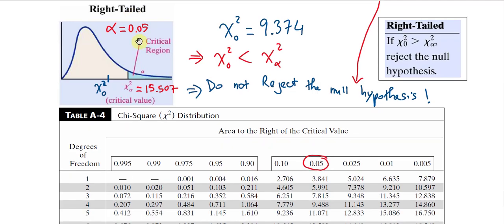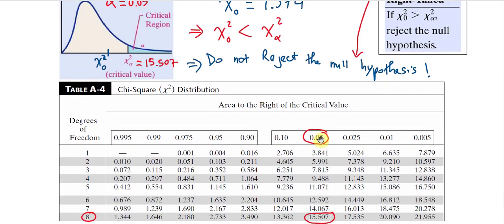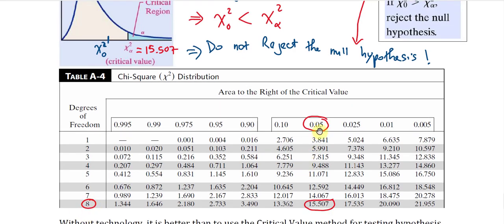So using Table A4, with 0.05 and 8 degrees of freedom, I can find 15.507 as the critical value.